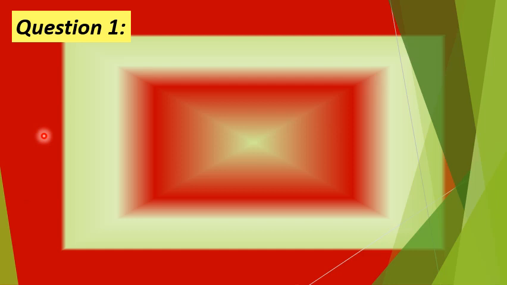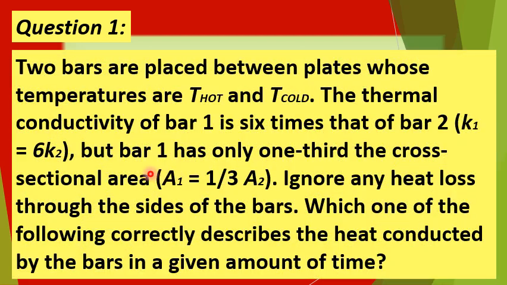So let's now look at our question number one. Two bars are placed between plates whose temperatures are labeled here as T sub hot and T sub cold. The thermal conductivity of bar 1 is 6 times that of bar 2, or k sub 1 equals 6 k sub 2.